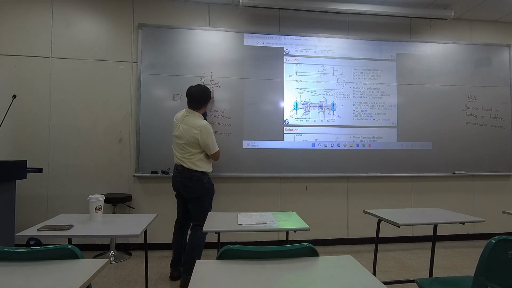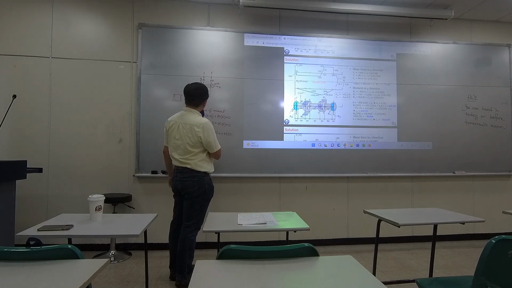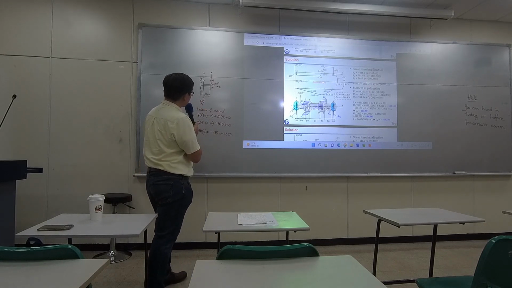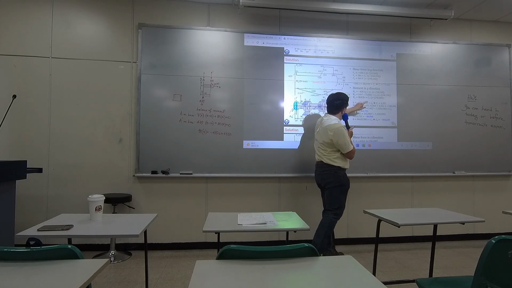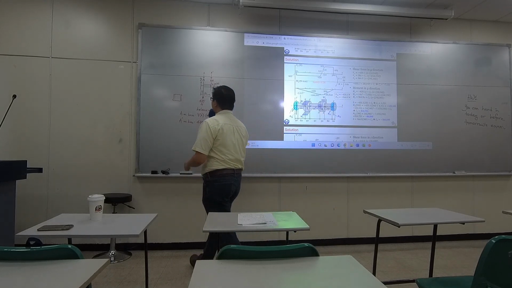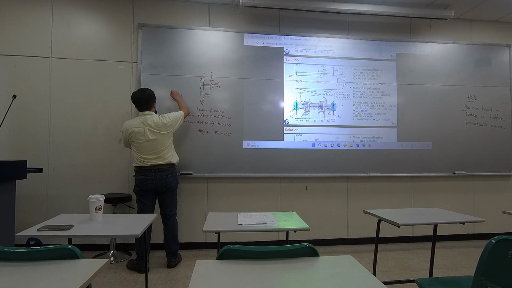So the moment I'm drawing right here is right, but the shearing is different. No, yes, my moment is exactly the same as the one I have right here.